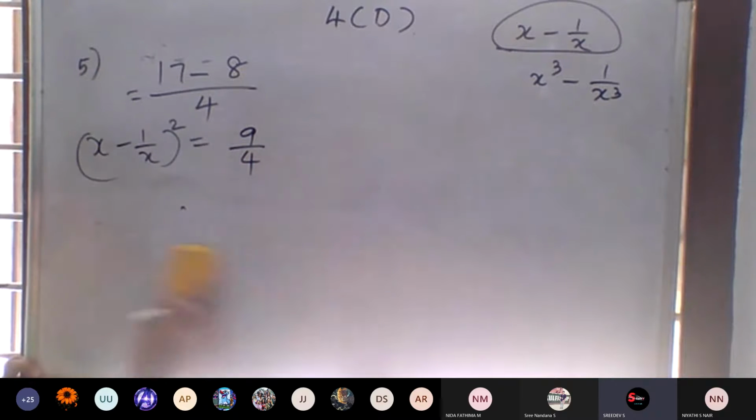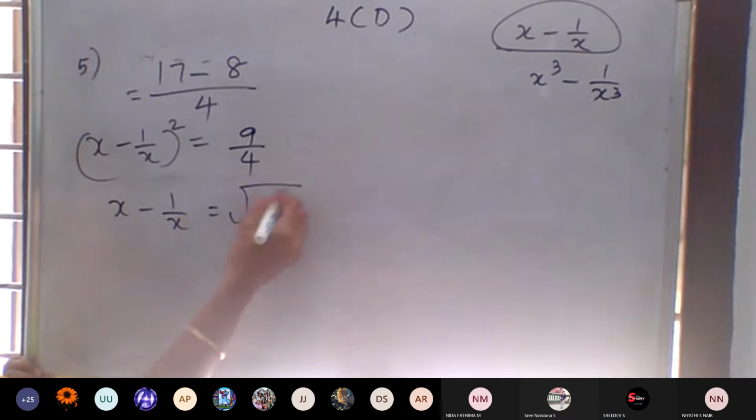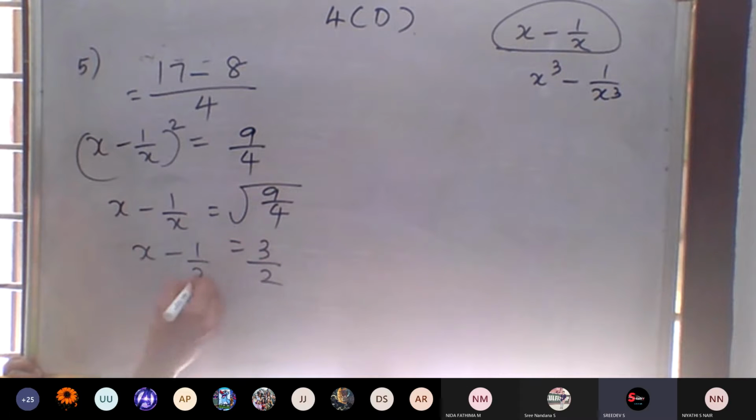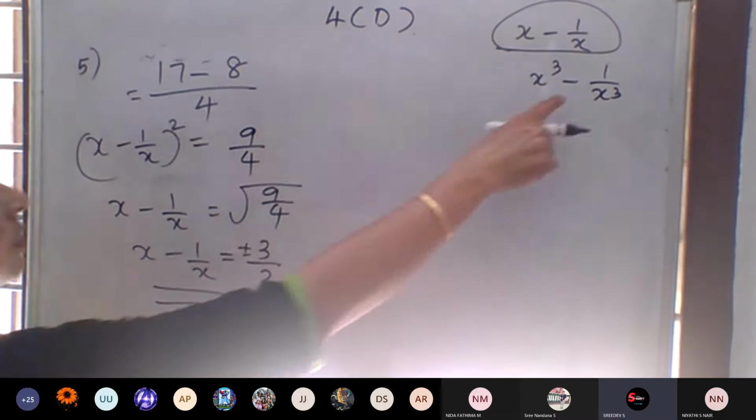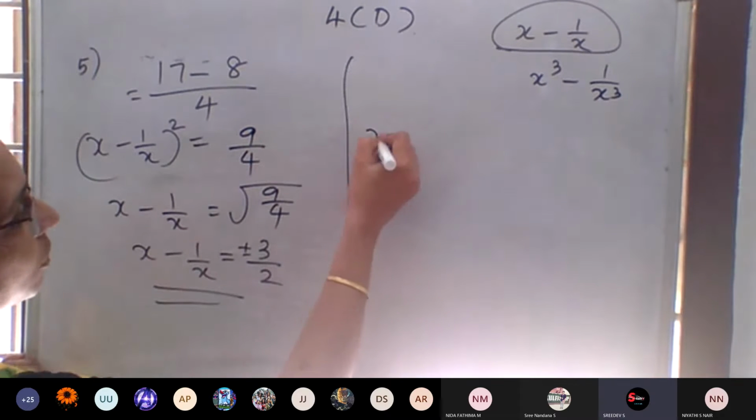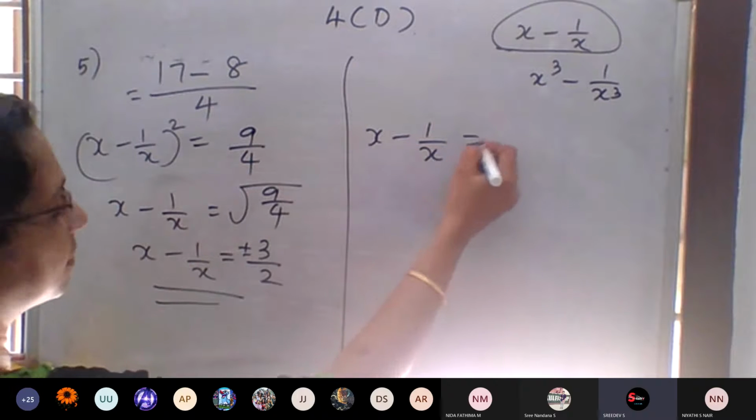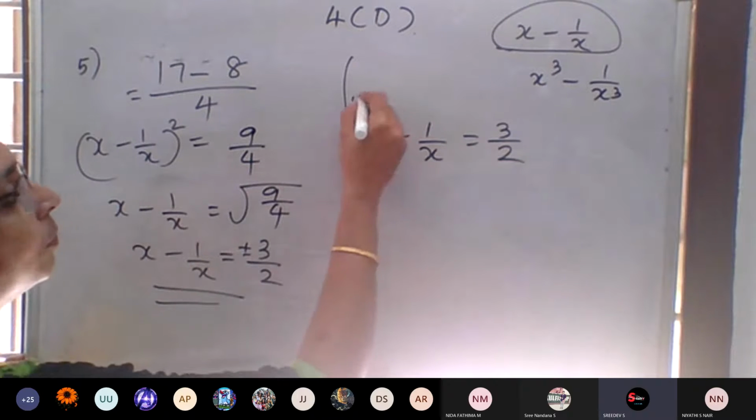So x minus 1 by x will be what? Take only positive number. x minus 1 by x equal to plus or minus 3 by 2. For doing the x cube minus 1 by x cube, take only positive, that is x minus 1 by x is equal to 3 by 2.